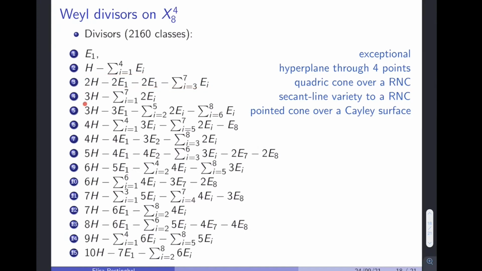And then I have the secant variety to the rational normal curve, which we had already before. And then we have 11 more such divisors that I guess we don't understand so well. But together they form one single orbit and they generate the effective cone. So the behavior is always the same.